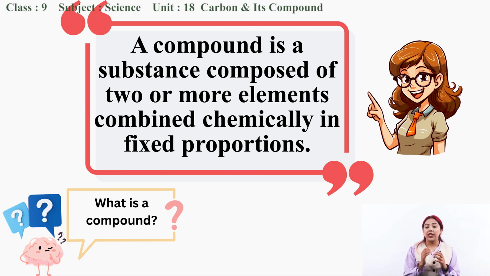Now, fixed proportion means elements in a compound always combine in a fixed ratio due to the fundamental principle of chemistry, which is also known as the law of constant composition. And this law of constant composition states that a chemical compound always contains elements in the same proportion by mass regardless of the amount or the source taken.